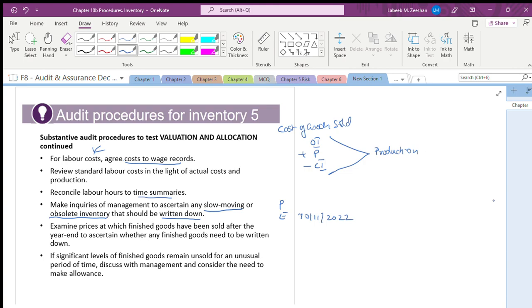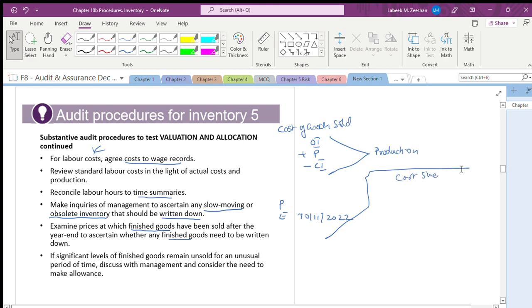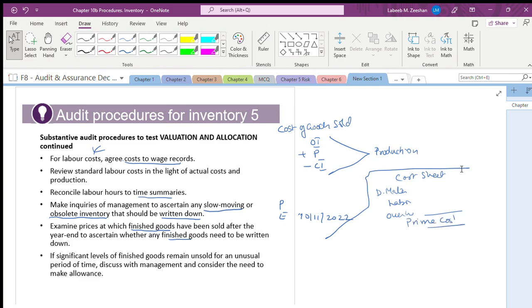It says to very specifically examine the prices at which finished goods are being reflected. You will have the cost sheet. In the cost sheet, you will have the direct material, the direct labor, and the direct overheads, and this is going to be the prime cost. Then you will add factory overheads.